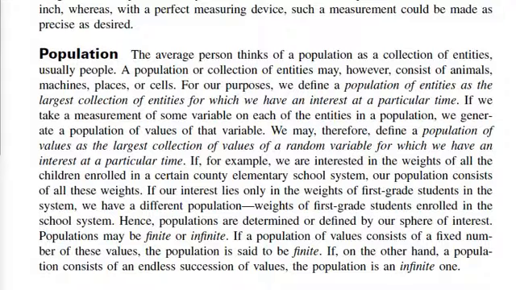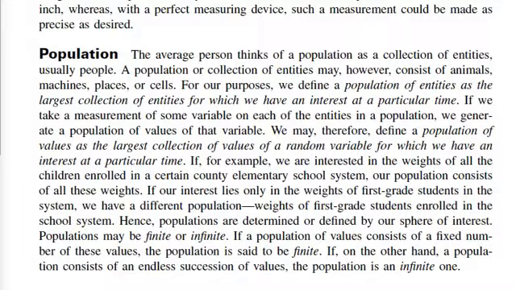If we take a measurement of some variable on each of the entities in a population, we generate a population of values of that variable. We may, therefore, define a population of values as the largest collection of values of a random variable for which we have an interest at a particular time.